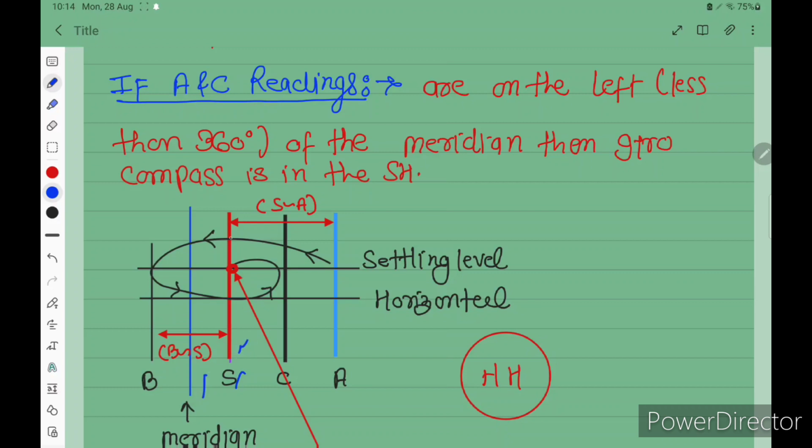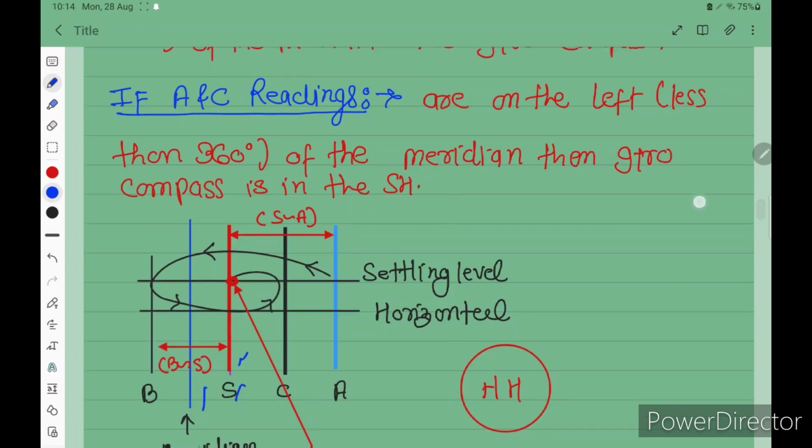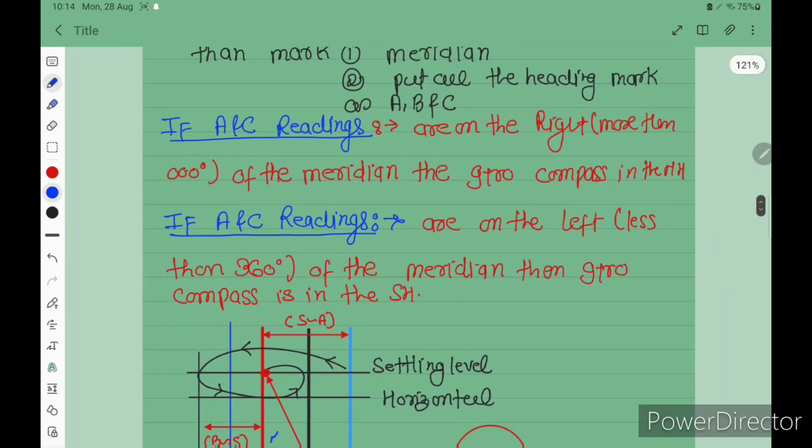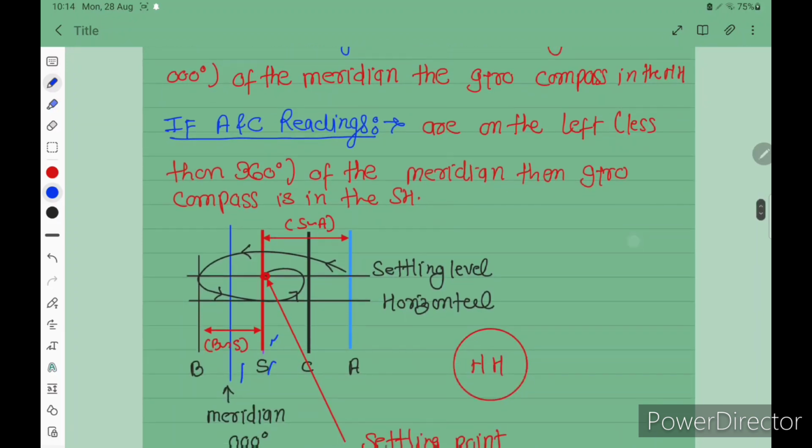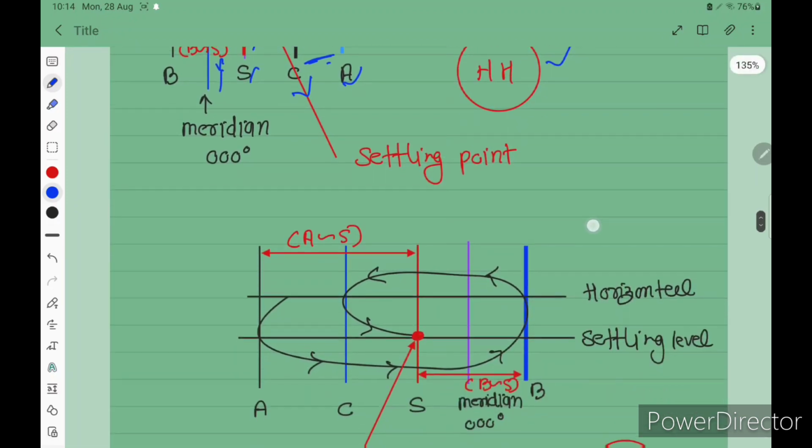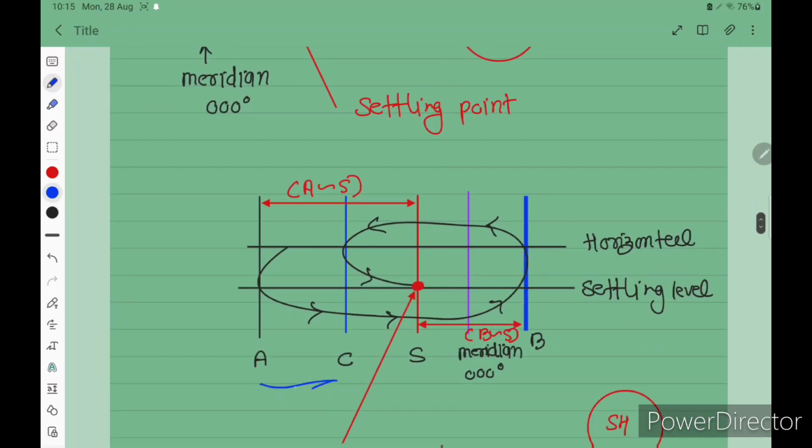So if your diagram becomes like this, if A and C readings are on the right of the meridian, this blue one is the meridian, and this C and A is on the right side, that means the vessel is in the north hemisphere. But if you see the second diagram, A and C are on the other side, the left side of the meridian, that means it is in the south hemisphere.